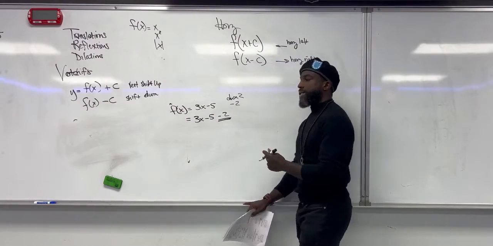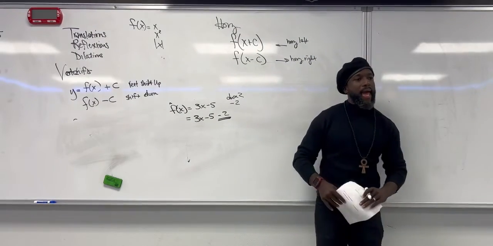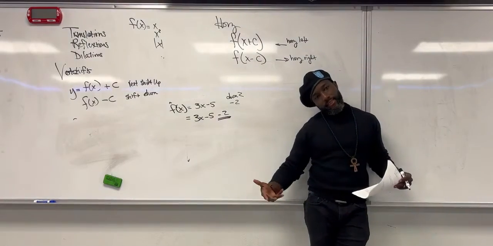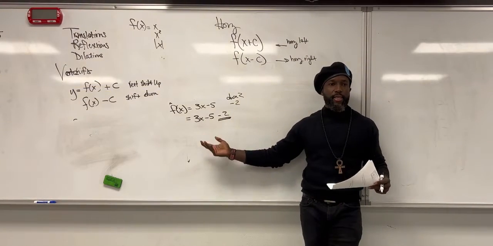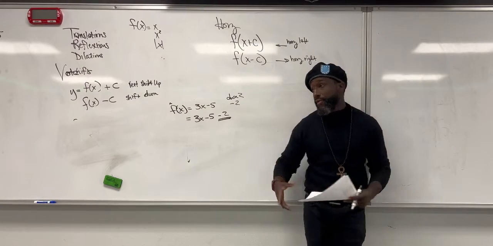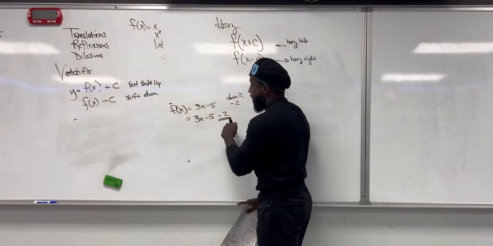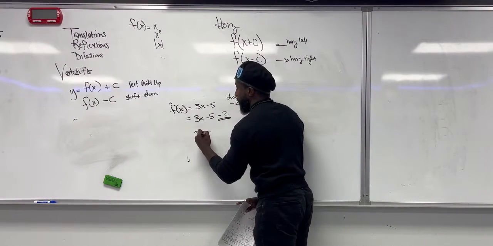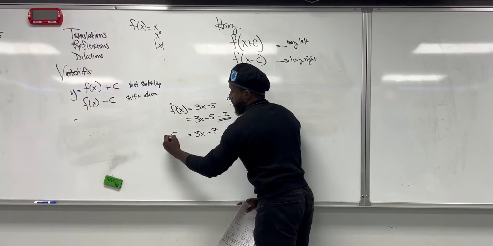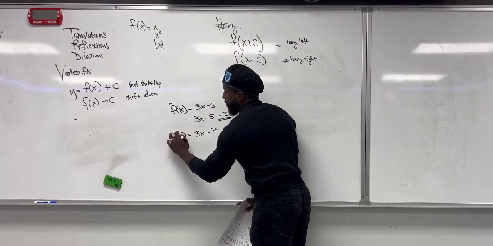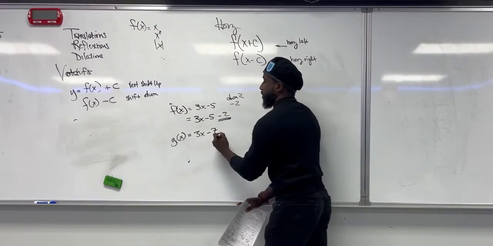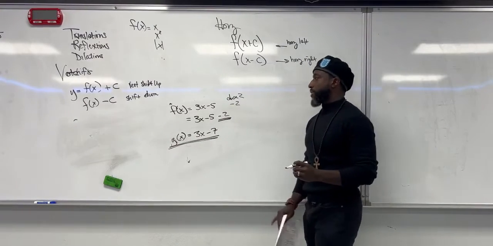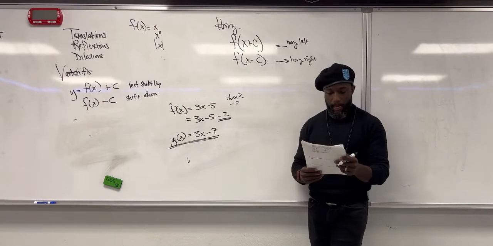So basically what you're going to do is add the transformation to the expression or the equation, and then you're going to simplify. You've got the same sign, so you add and keep the sign. So it'll be 3x minus 7. So technically, the new function is g of x. So g of x is 3x minus 7, okay?